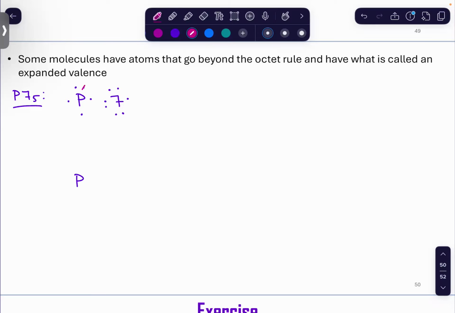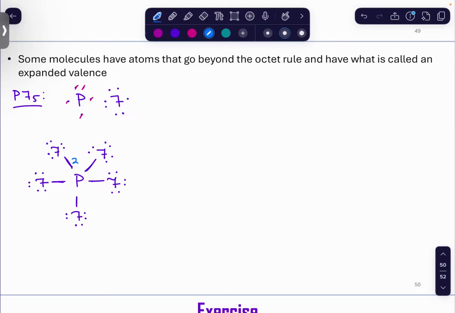And so basically, each one of these becomes a bonding location. And now you notice phosphorus has 10 electrons around it, 2 per bond. 5 bonds is 10 electrons. And you say, well, how can this happen?